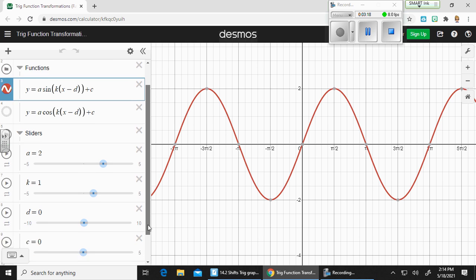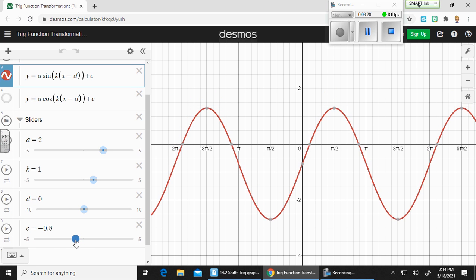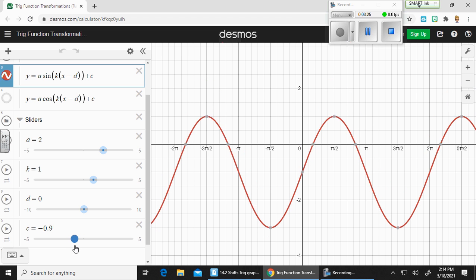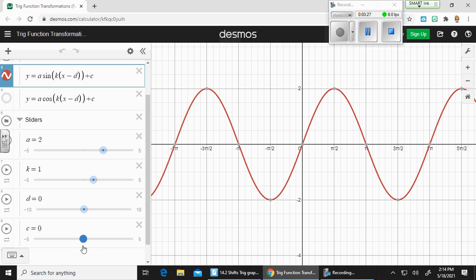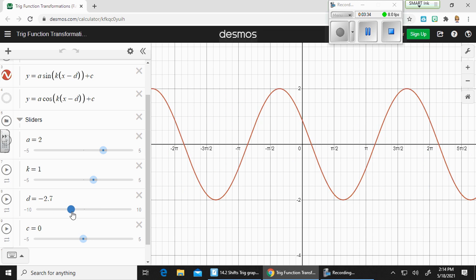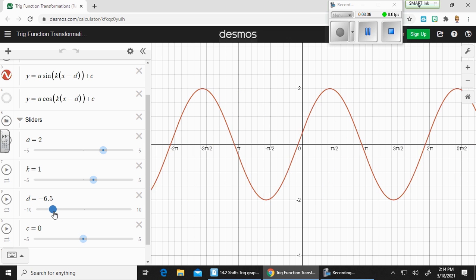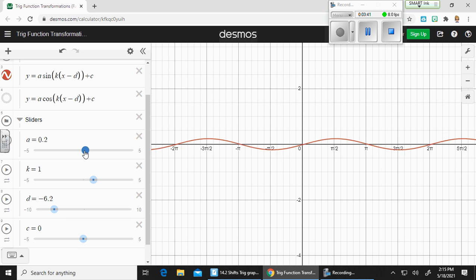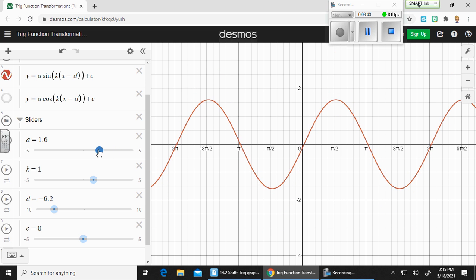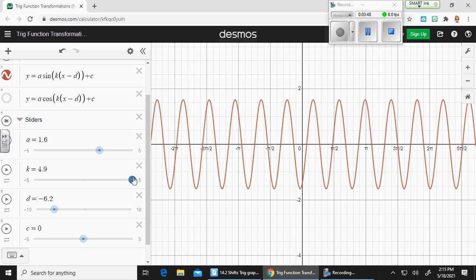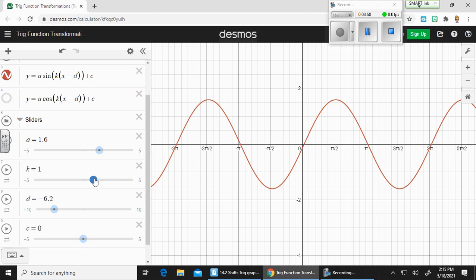If I change my C, the whole graph moves up and down, which is the number at the end. If I change the inside, it moves right and left. And we already talked about yesterday the amplitude, the A, makes it go up or down, and then the period, you can make more and more of them or stretch it out.